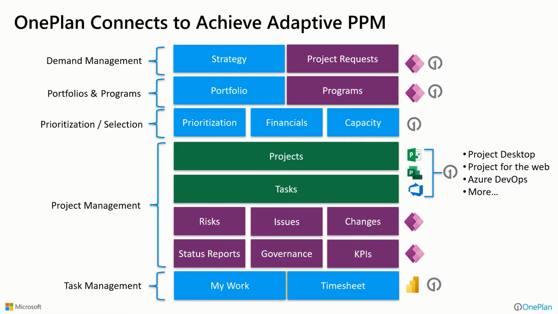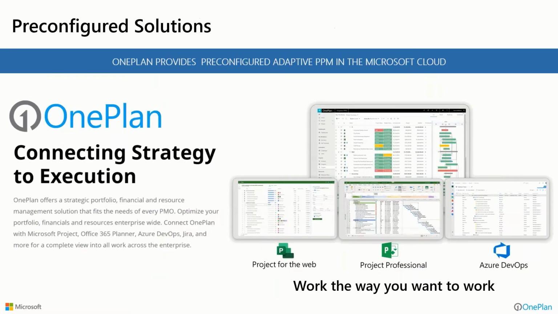Project for the Web is obviously included, but what about agile projects or things like Azure DevOps and Jira, et cetera? Being able to use those tools to feed into these portfolios of projects and into the mix of the overall solution to truly make it an adaptive PPM solution.